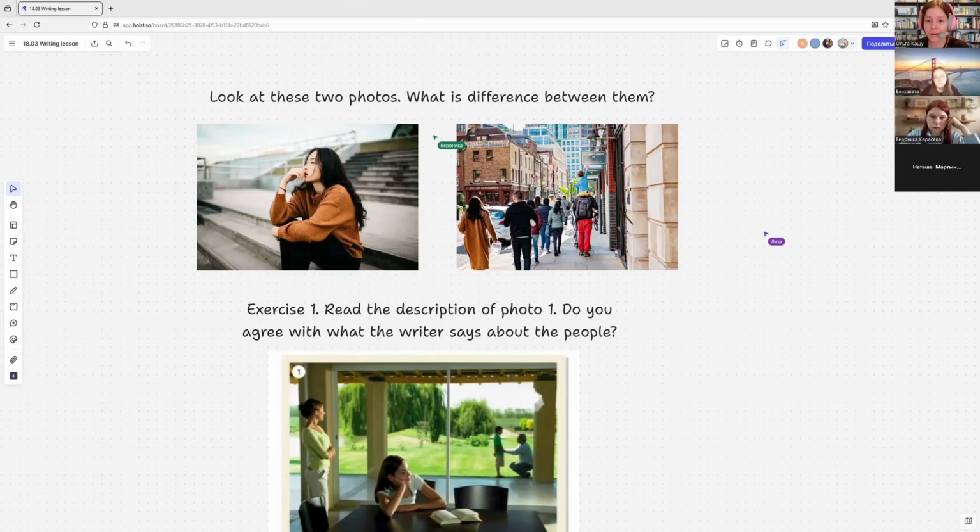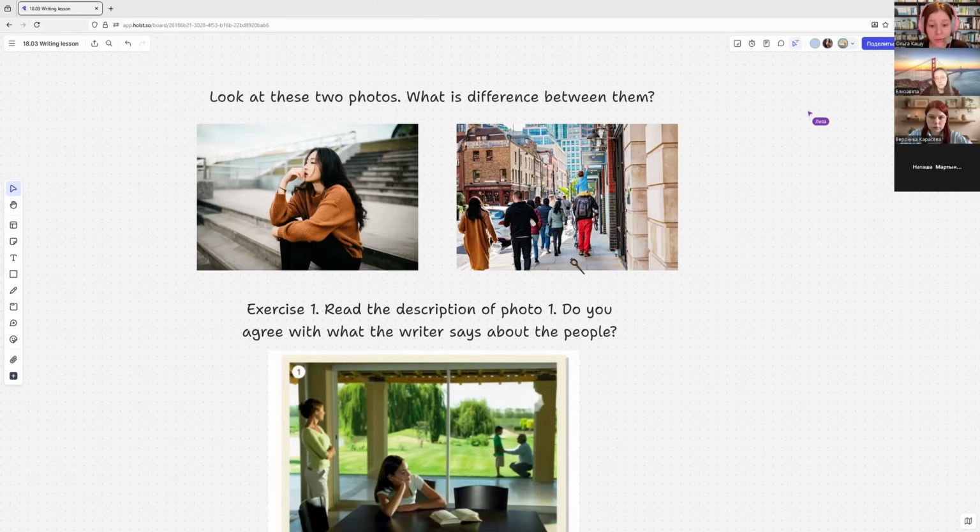So these photos are taken on the spot, somewhere in the street or somewhere in other places. And today we're going to see how we can describe the photos which are not that prepared. And we will also practice some vocabulary connected to prepositions, which we might use to describe a photo and write our own description for the photo which has some certain peculiarities.